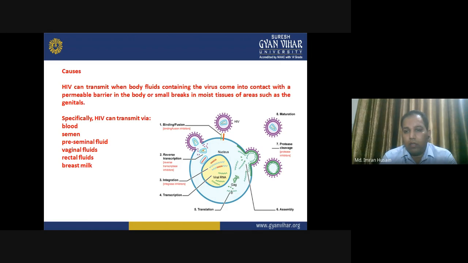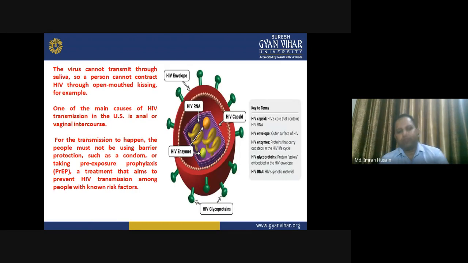Then protease cleavage takes place, with separation from the host cell and maturation. Because of that, they are released outside into the environment. So this is the whole life cycle of the virus.